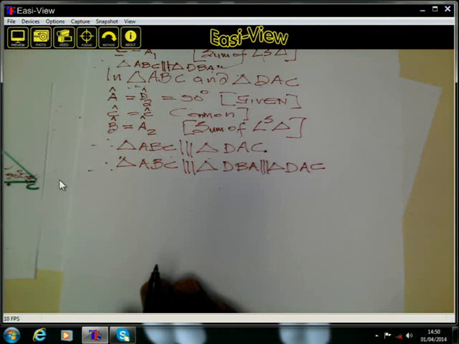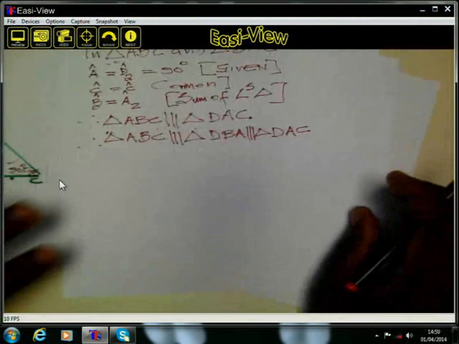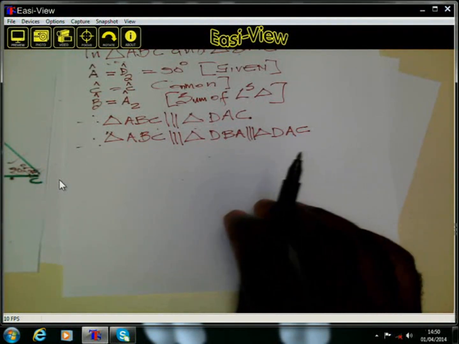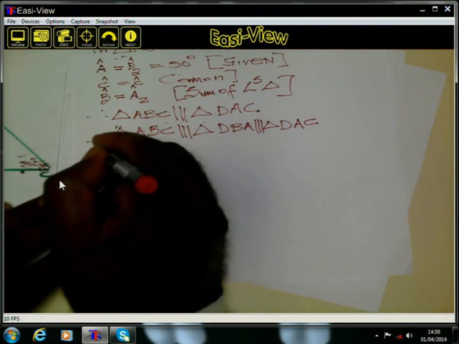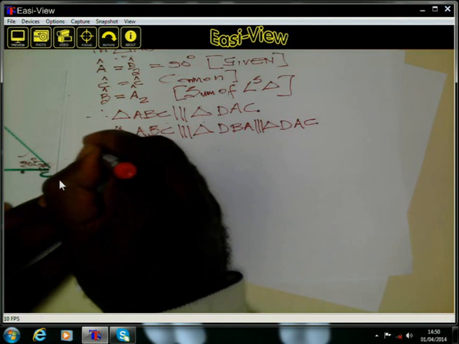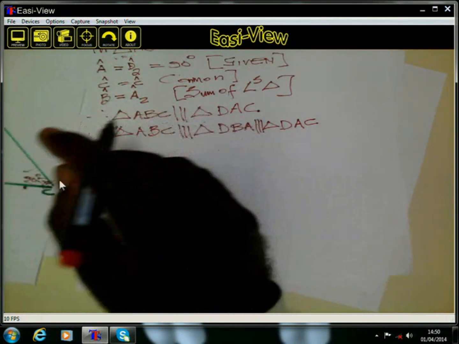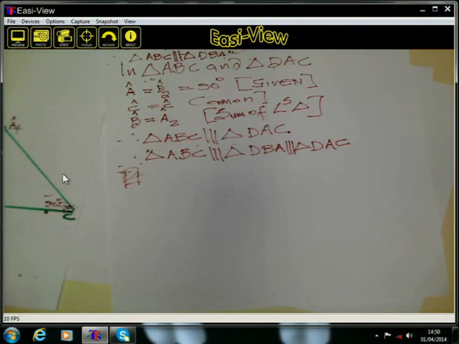Now I want us to move quickly, because this theorem introduces us to the Pythagoras theorem. This is just an introduction. Remember, you dealt with Pythagoras every time you came across a right-angled triangle.